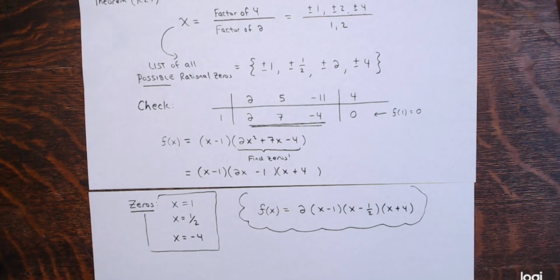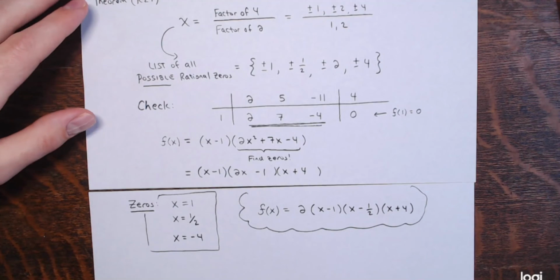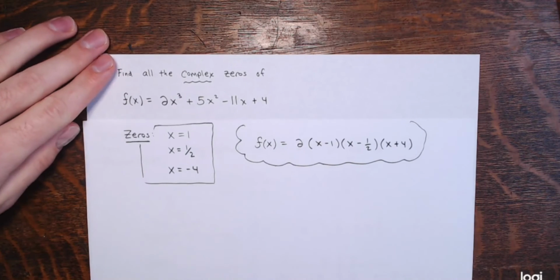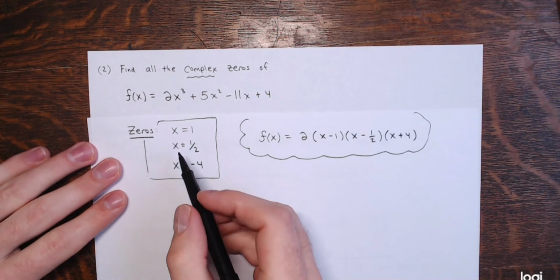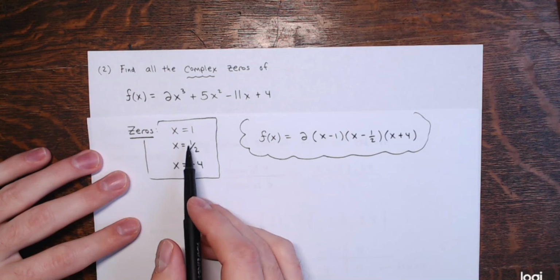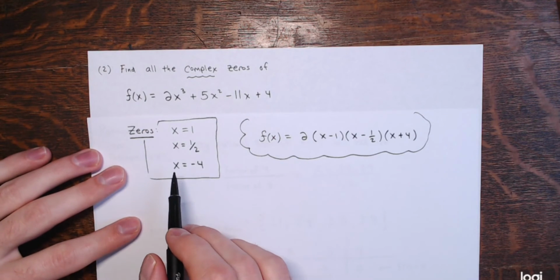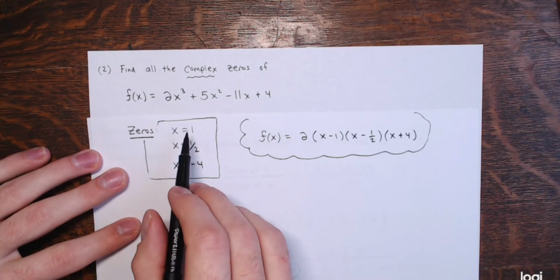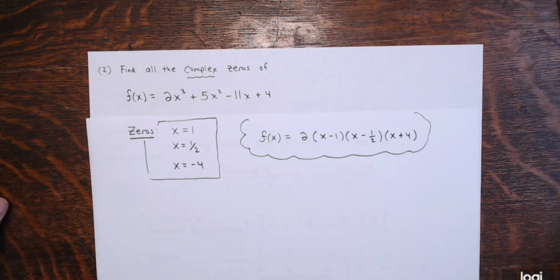Now let's double check it. All right, let's look at a graph of this thing. And notice that these are all real numbers here, so they should represent where the graph crosses the x-axis at 1, 1/2, and -4. And let's check that out.